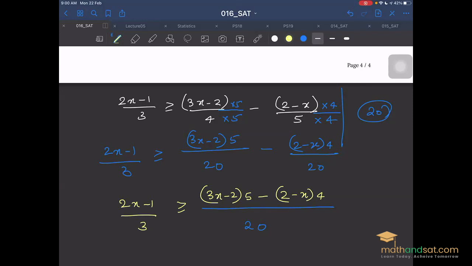So far, so good. I've just simplified the RHS, where there were two terms whose denominators were 4 and 5, converting it into a common denominator of 20. Please let me know.